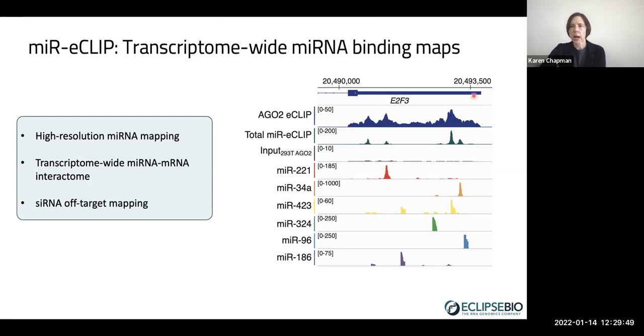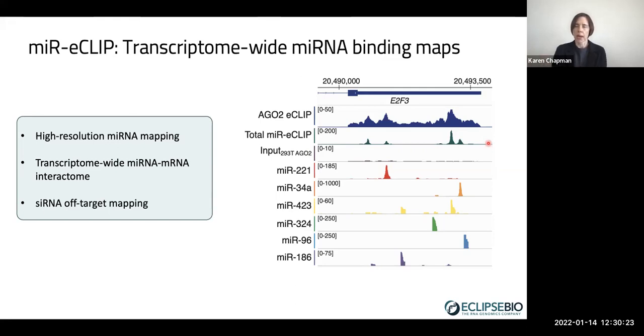And as you can see, AGO2's all over the 3' end of this particular transcript, probably reflecting quite a lot of microRNA action there. And this is the total miR-eCLIP. So these are the chimeric reads. And as you can see already, the resolution is really quite enticing, even though these are all of the microRNAs all together.